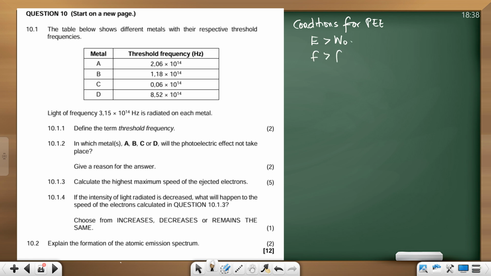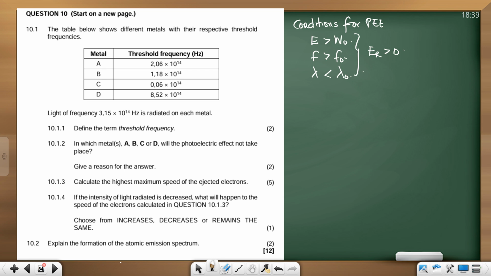The frequency of the light must be greater than the threshold frequency. The wavelength of the light must be less than the maximum wavelength. And all of this will point to the fact that kinetic energy is greater than 0. If my kinetic energy is less than 0, then there's no photoelectric effect. Define threshold frequency: the minimum frequency of light needed to eject an electron from the surface of a metal.